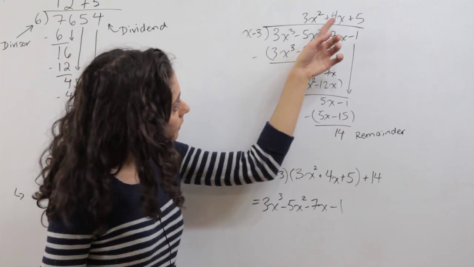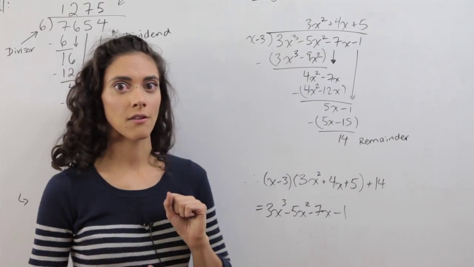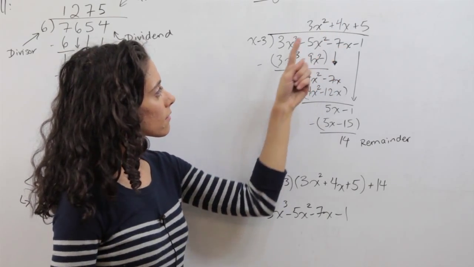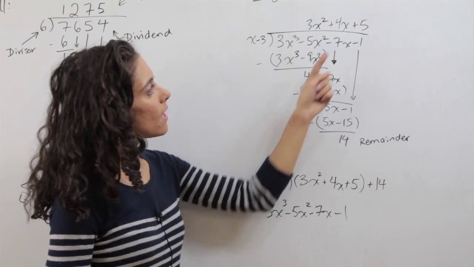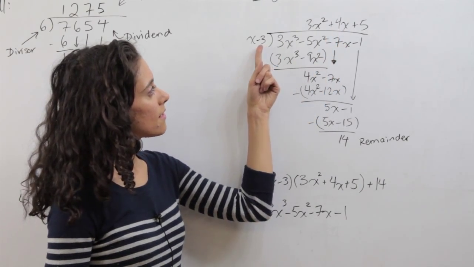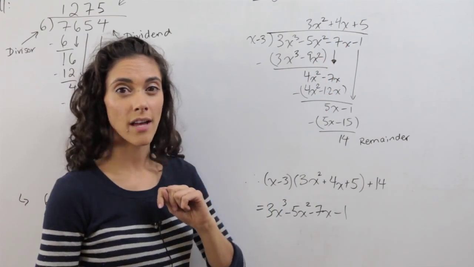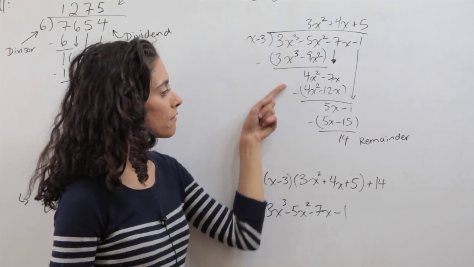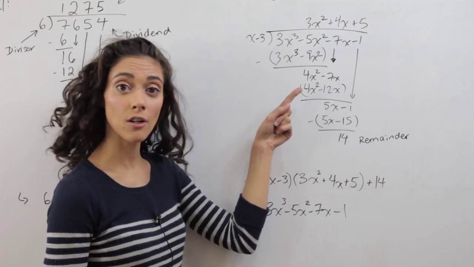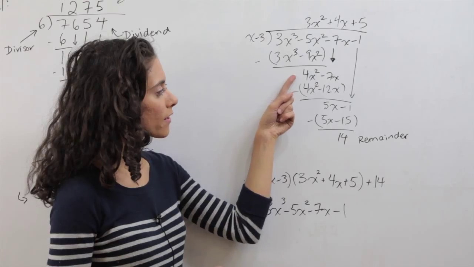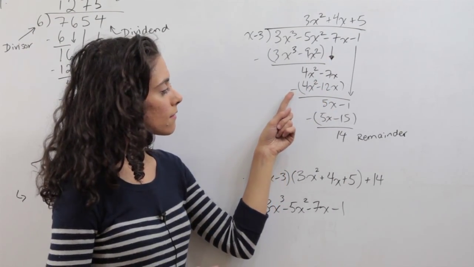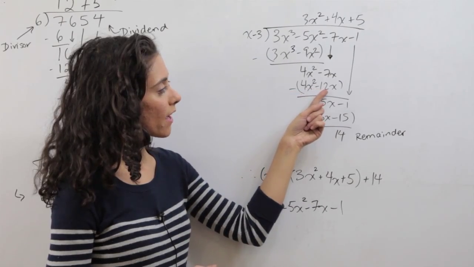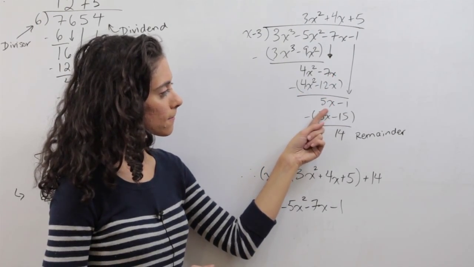And again, multiply to find the remainder. Here's where my second term matters. 4x times x is 4x squared, and 4x times negative 3 is negative 12x. Now subtract to find the remainder. Once again, if you've done it correctly, these will always cancel. 4x squared minus 4x squared, 0. Negative 7x, this turns into a plus 12x, is 5x.